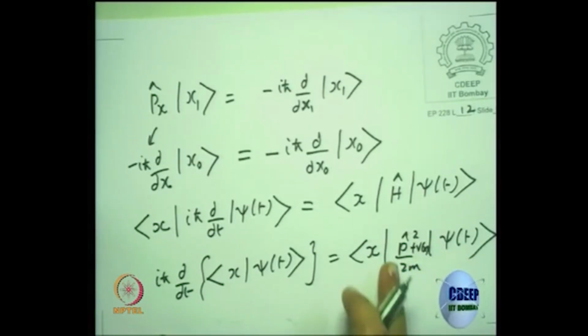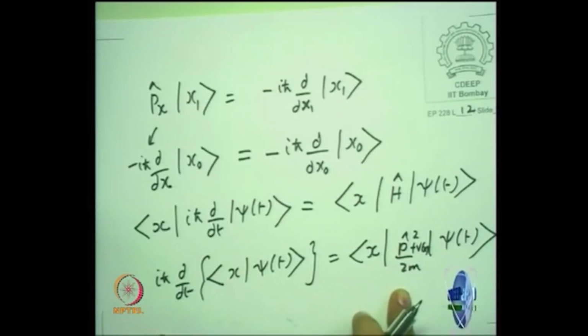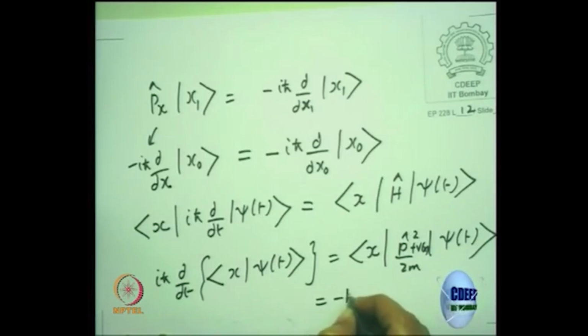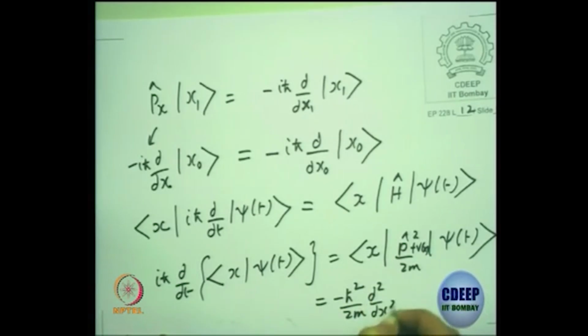What is p? The p has a position representation, which is minus i h cross del by del x in 1 dimension. So you can rewrite this as minus h cross squared over 2m del squared by del x squared.